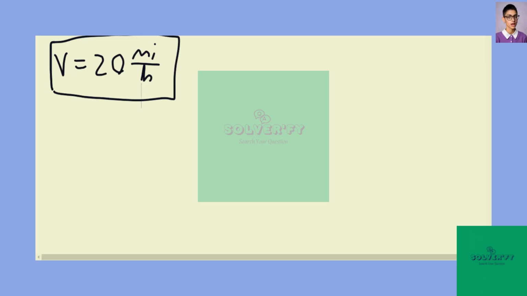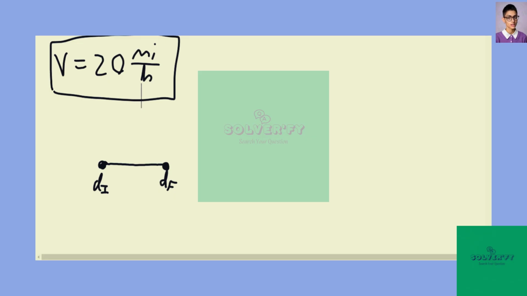So now we think, what if the trip was a car going to the store and coming back? Well, with velocity, we care about displacement, and displacement is the distance between your initial position, we'll call it d initial, and your final point, your d final.